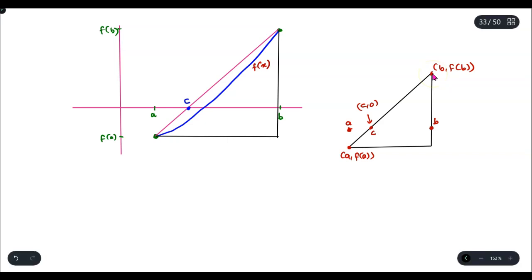Now, we can see that the slope here is equal to this slope, so we have M1 equals M2.